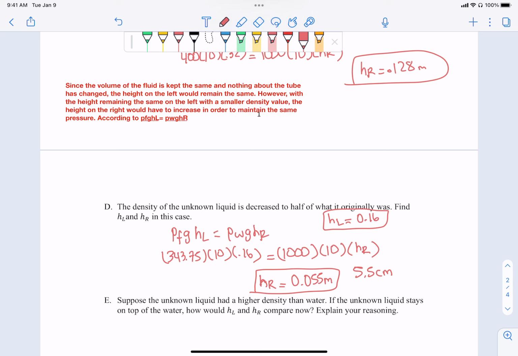Yep, decreased by half as well, because if you think about it, if this stays the same, this is constant, this is constant, right? If I multiplied this by 1/2, then I would multiply this by 1/2. So if you just take 1/2 times the height from before, which is 11 centimeters, 5.5 centimeters is exactly half of that.